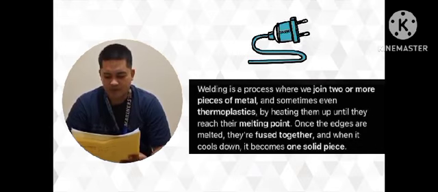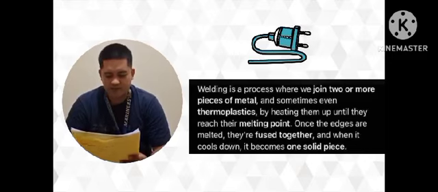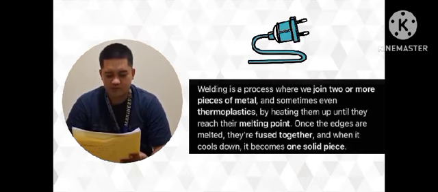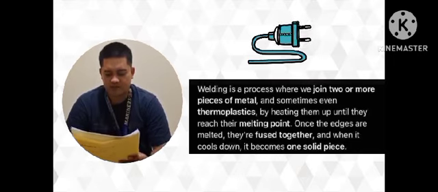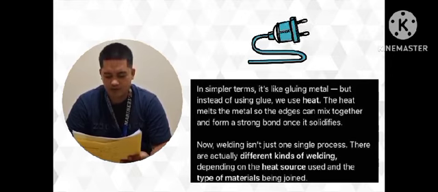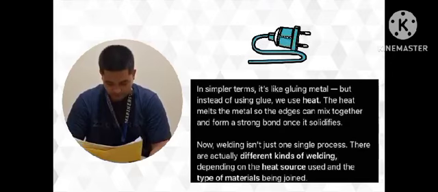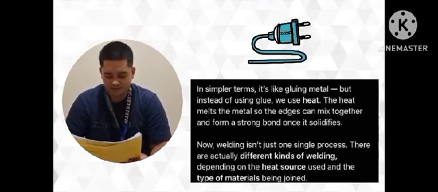Once the edges are melted, they fuse together, and when it cools down, it becomes one solid piece. In simpler terms, it's like gluing metal, but instead of using glue, we use heat.